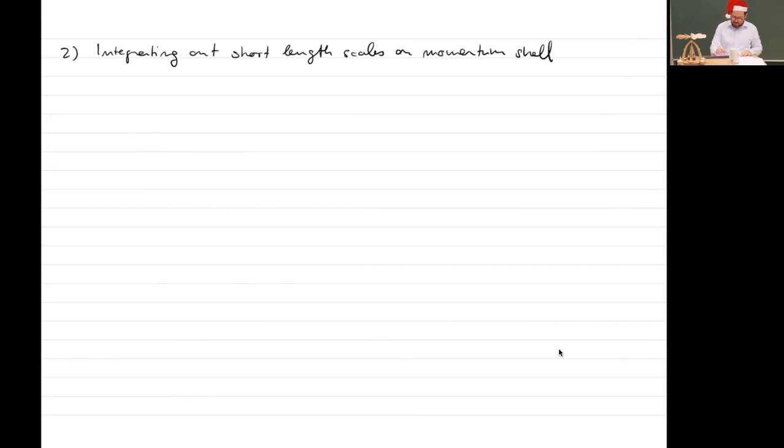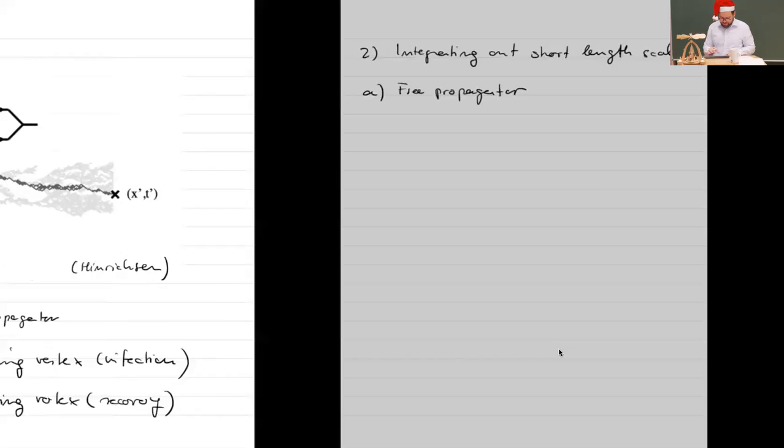And we start by looking at the free propagator. I'll show you now how this looked.